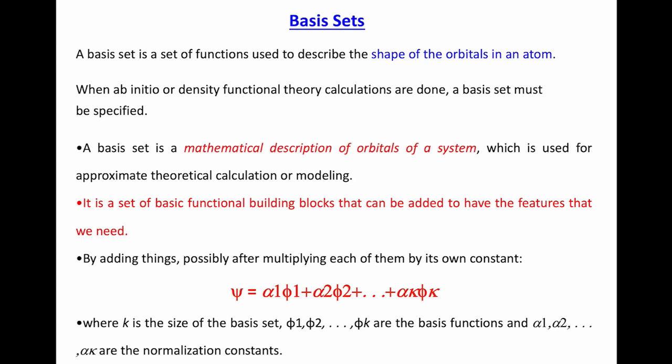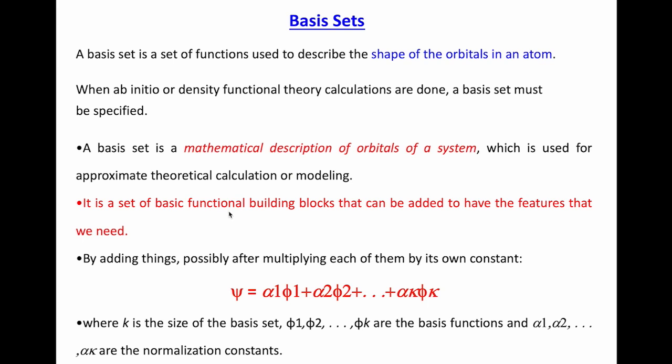The next topic is basis set. A basis set is a set of functions used to describe the shape of orbitals in an atom. When ab initio or density functional theory calculations are done, the basis set must be specified. A basis set is a mathematical description of the orbitals of a system, used for approximate theoretical calculation or modeling.